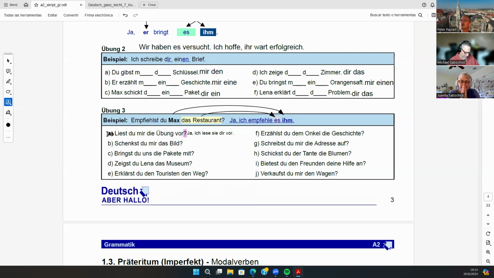Will you read the example to me? And then ja, ich lese sie, which is the example, dir, to you. Die Übung is your practice exercise. So if I read to you, lies du mir die Übung vor? That's what I'm doing. I'm reading the exercise to you. And so the answer is, ja, yes, I read it to you. Vorlesen, out loud.